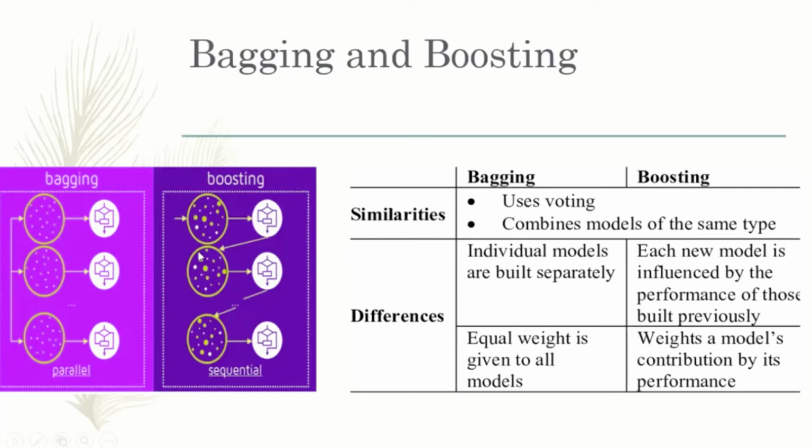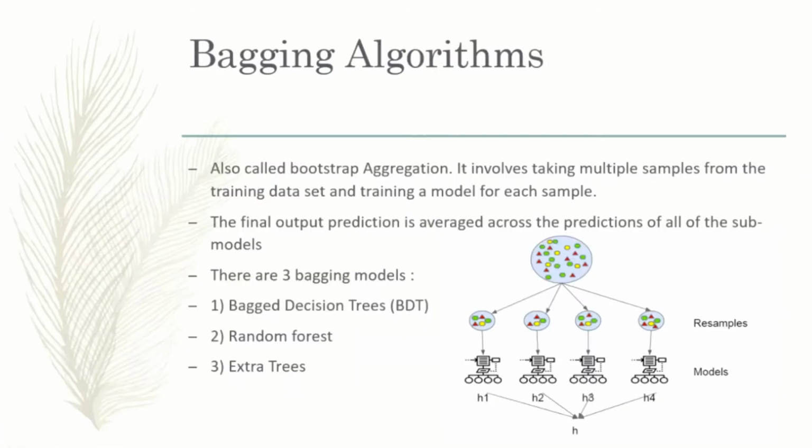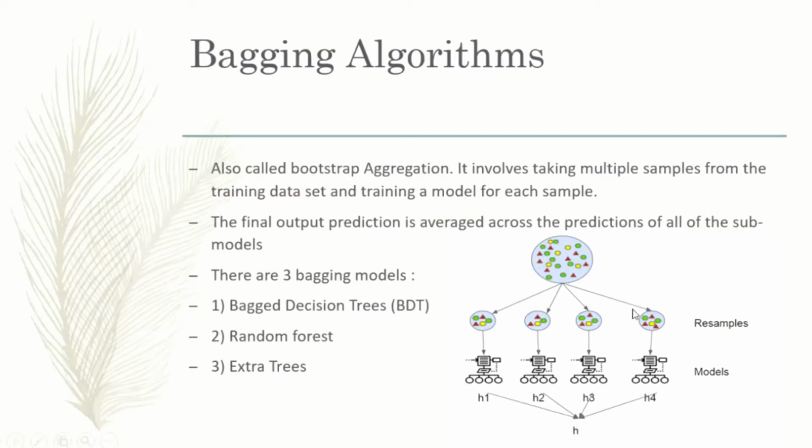Now let's see the bagging algorithms. Bagging is also called bootstrap aggregation. Why it is called so, we'll see. This is your sample data. I will divide it into various samples, which I call resamples.